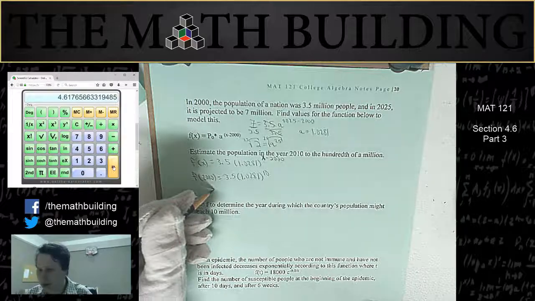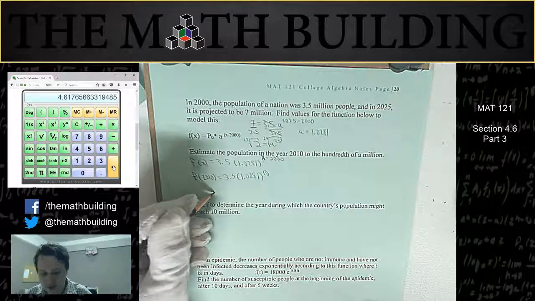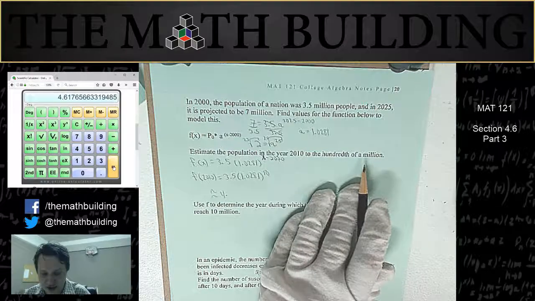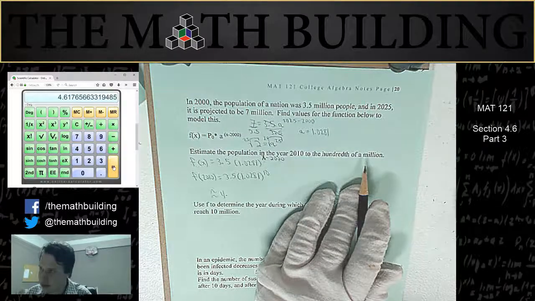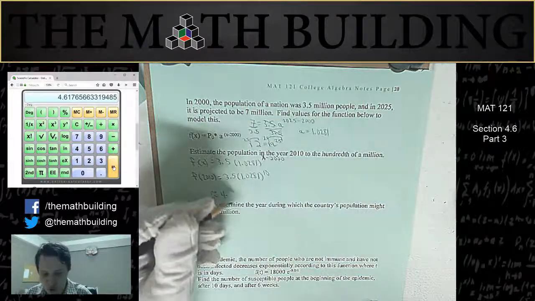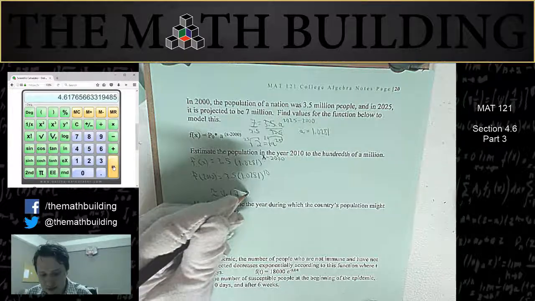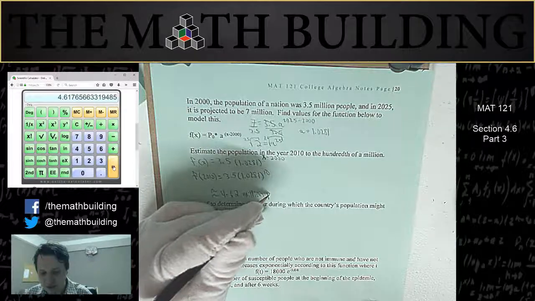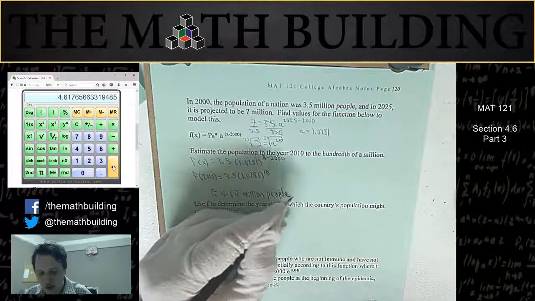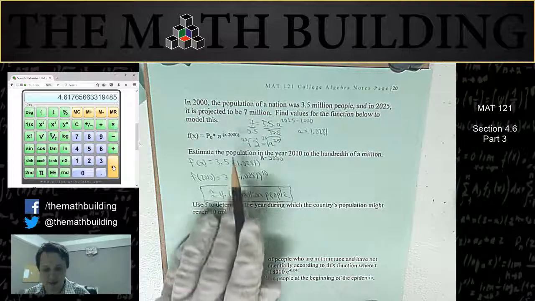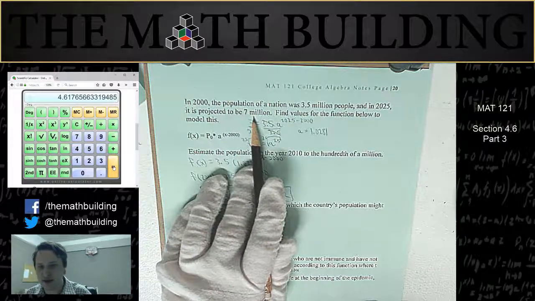The population there will be approximately 4.62 million people, since they said to the 100th of a million. To make sure your answer makes sense, check back and make sure that it's below 7 million.